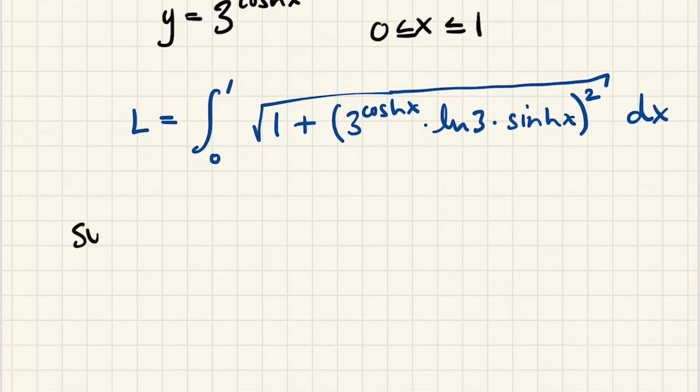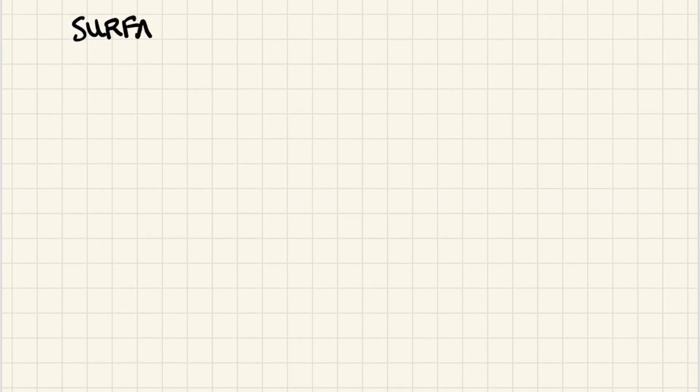Now, what about surface area? Well, the formula for surface area is very similar to the formula for arc length. However, there are a few things to consider. For instance, you could be rotating around the x-axis or rotating around the y-axis.